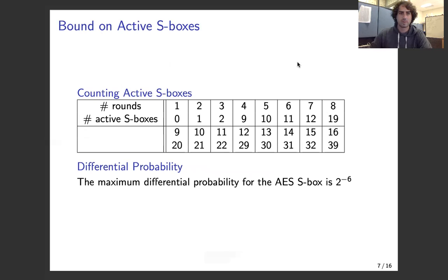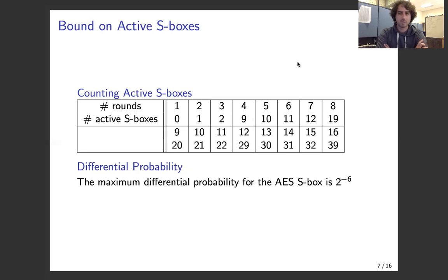If you look at this table that depicts the number of active S-boxes for the number of rounds, we see that at round 11, we have 22 active S-boxes. If we recall that the AES S-box has a maximum differential probability of 2 to the minus 6, we can compute that the best probability of a characteristic is 2 to the minus 132.